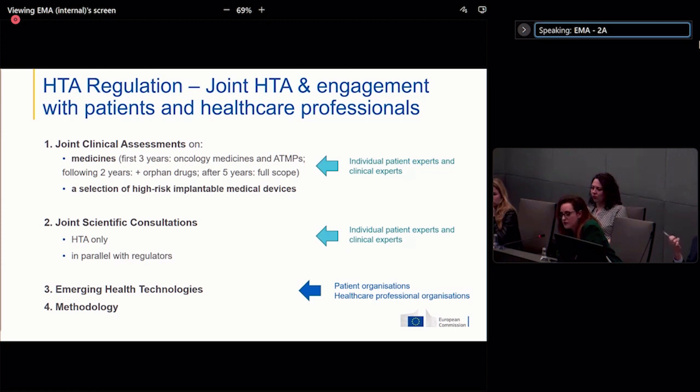So the product-specific outputs, the joint clinical assessment and the joint scientific consultations, foresee input from individual experts, be they patients, clinicians, or other experts, while the domains under 3 and 4 in this slide foresee input from organizations through the stakeholder network.